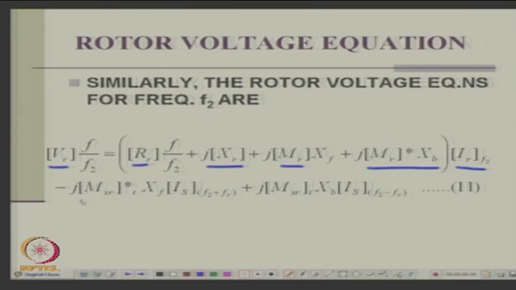Now, if the stator to rotor is MSR, then rotor to stator will be its transpose and conjugate, okay. And so, due to f2, it will be f2 plus fr and f2 minus fr, and this will be the term MSR transpose conjugate Xf into IS, then MSR transpose into Xb into IS, okay.